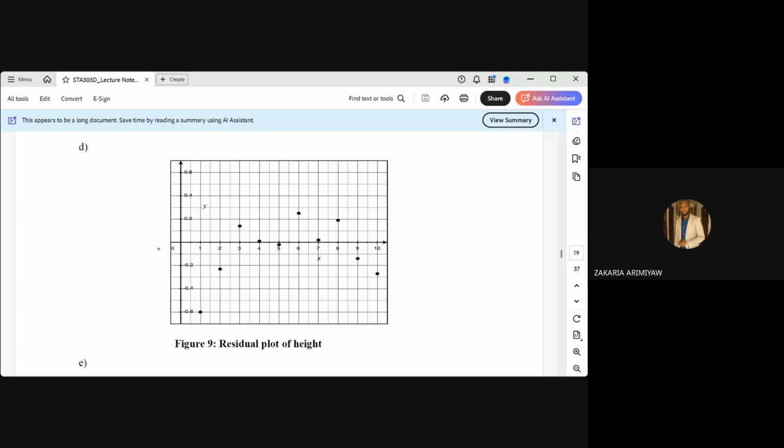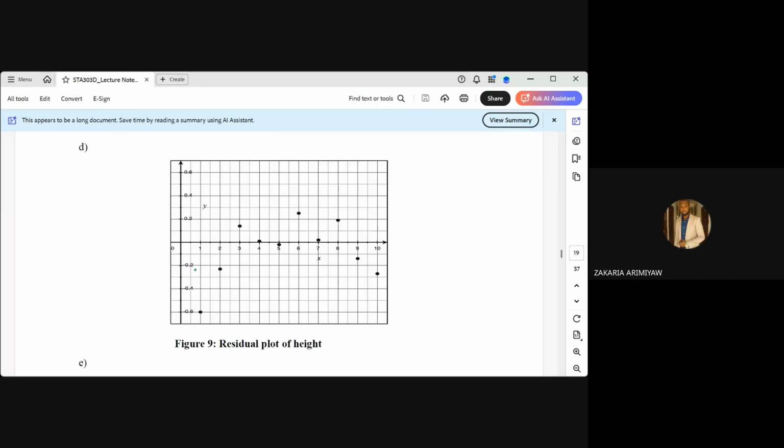So looking at this particular graph, what can we say about the fit of the regression equation? We can say that the line of best fit is a good approximation for the data. Instead of saying the line of best fit, just make reference to the estimated regression equation.